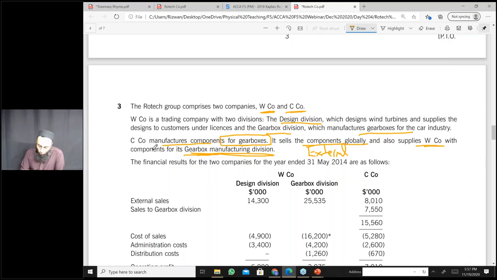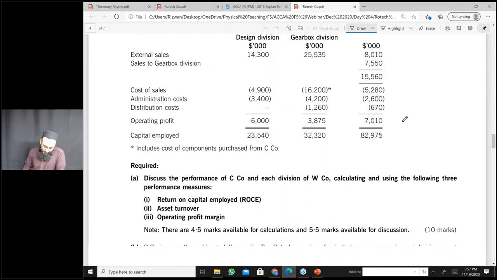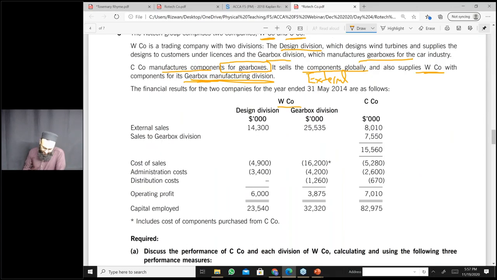So this means CCO is the seller. Getting the point? CCO sells externally as well as internally. Right?